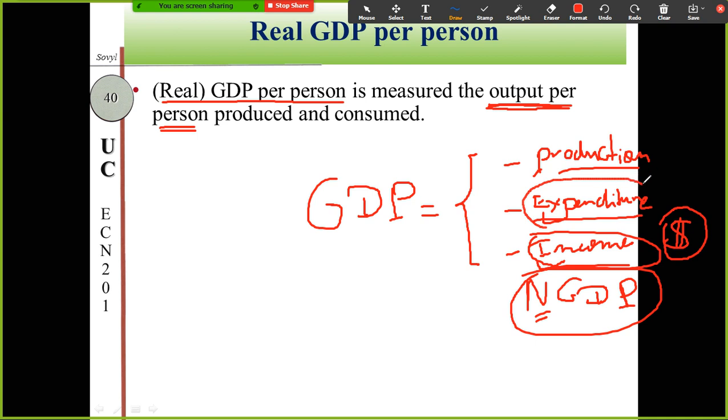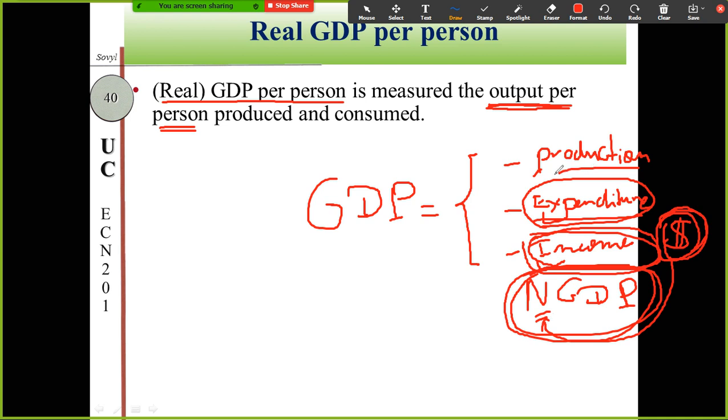So expenditure per person and income per person refer to the amount of money that each person spent in this period, or the amount of money that each person earned in this period. That's why when we're talking about income per person or expenditure per person, we tend to use nominal GDP per person, because this is using an amount of money. Amount of money refers to current price.